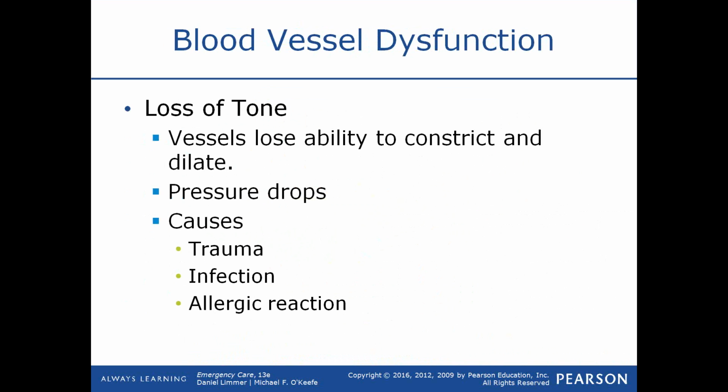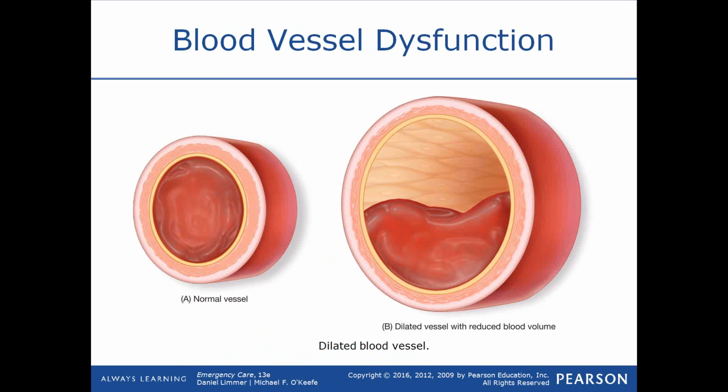Spinal cord injury, as I had mentioned, will cause vessels to fully dilate. And in those situations, your body's not able to constrict those vessels. So the container gets real big, the pressure drops in the system, and the patient goes into shock and dies unless we can fix what the cause is.